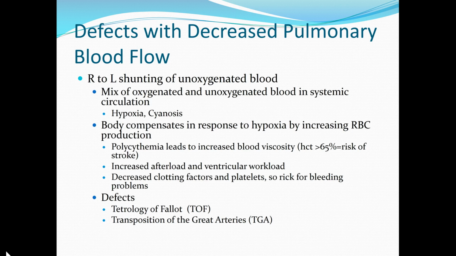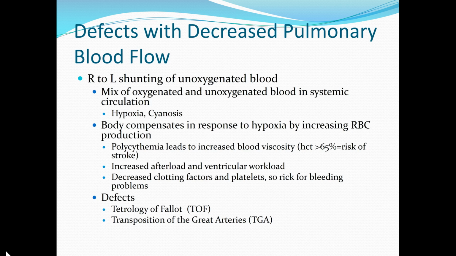So defects with decreased pulmonary blood flow, this is going to be tetralogy of Fallot and transposition of the great arteries. You're going to have right to left shunting of unoxygenated blood. So there's going to be a mix of oxygenated and unoxygenated blood in systemic circulation, which is going to result in hypoxia and cyanosis.